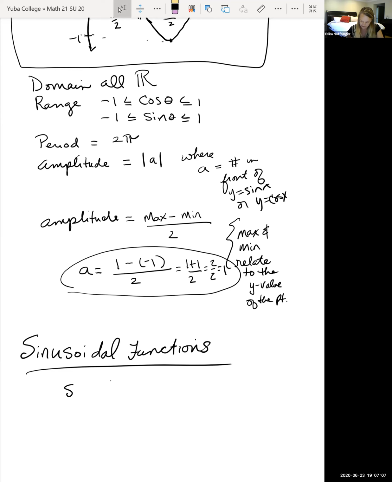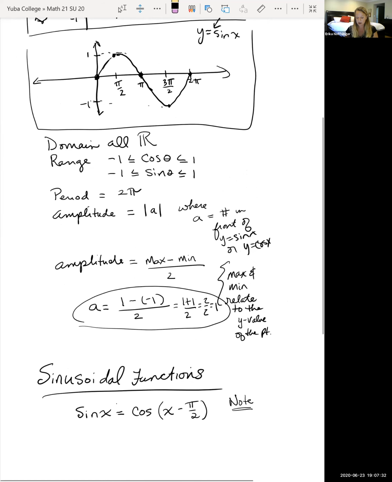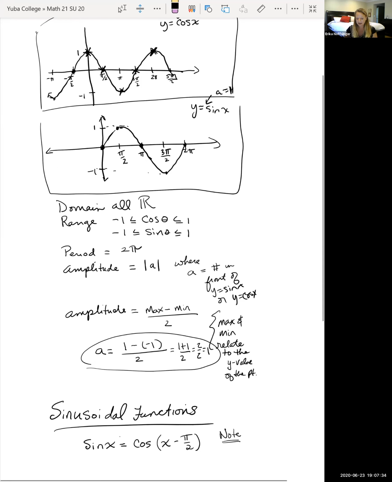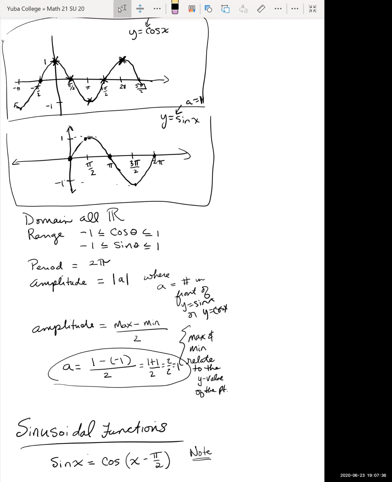Basically, sine of x could be written as cosine of x minus pi halves. Sometimes you're given information on a problem, and depending on it, it could be either a sine or a cosine curve.